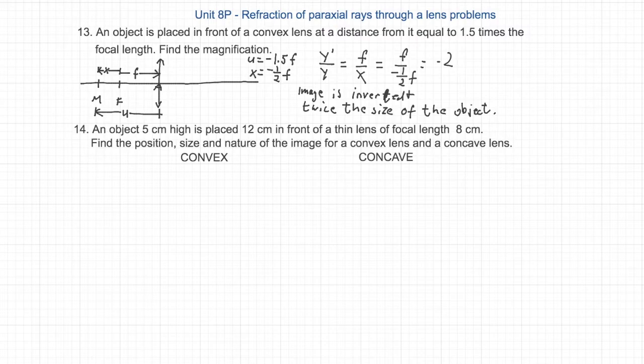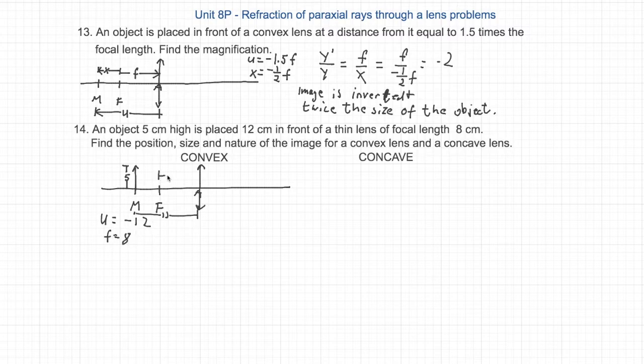Question 14. An object 5 centimeters high is placed 12 centimeters in front of a thin lens of focal length 8 centimeters. Find the position, size, and nature of the image for a convex and a concave lens. We'll start with a convex lens. Place our focal point and our object on the left side of the lens. Real object. So we have u equals -12, right to left, a negative number. Focal length measured from F to A, left to right, a positive number.